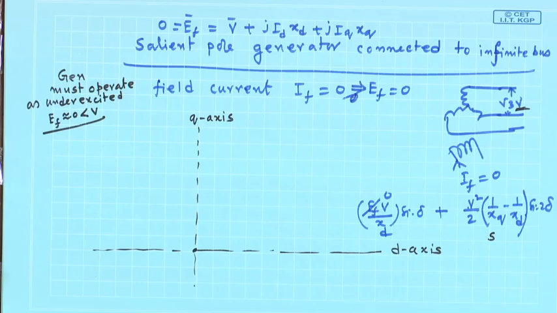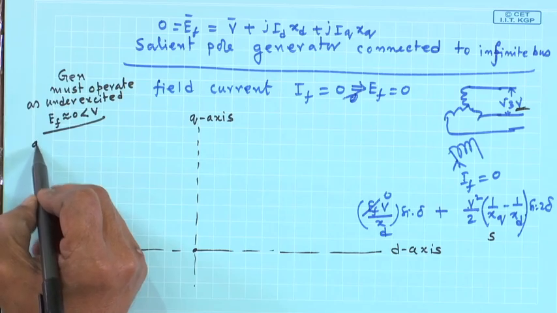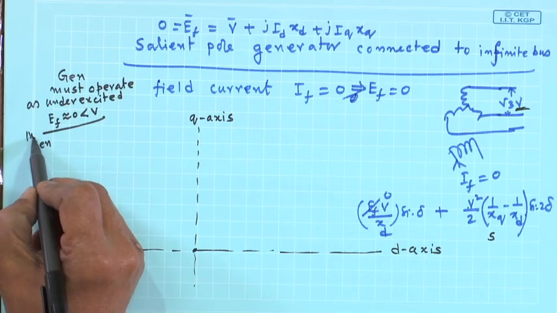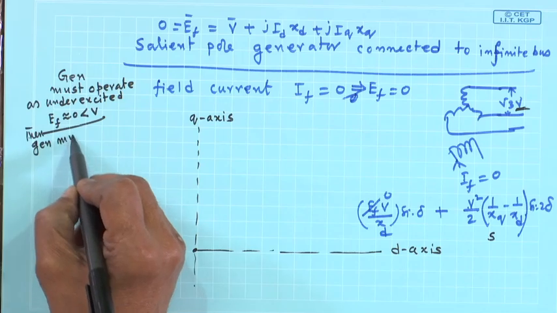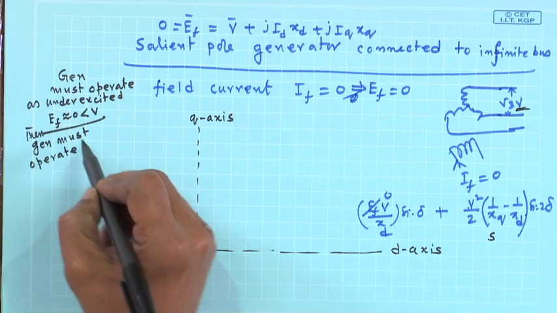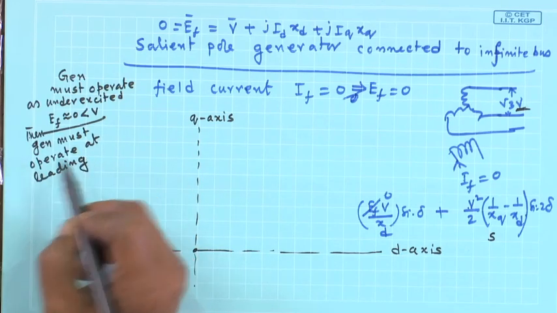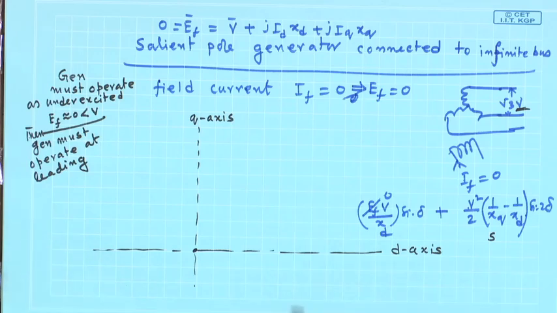And I know if a generator is under excited, then it must be delivering leading power factor current. Then the generator must operate at leading power factor, nothing doing. Under excited synchronous generator, leading power factor.